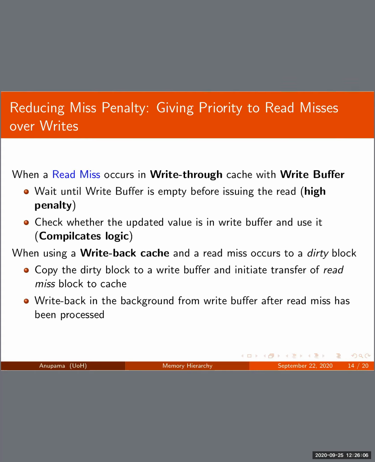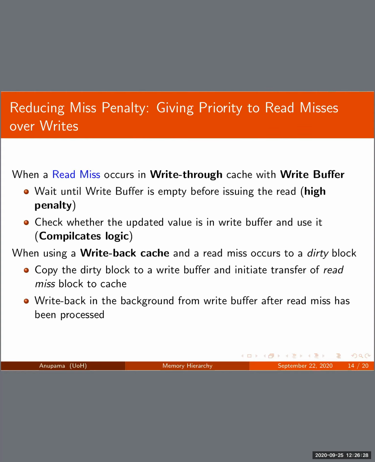So what will happen? I'll write to the cache, but I'll also write that word to the write buffer, so that the write buffer will continue to write to the main memory in the background. Now I issue a read. The write has not completed, right?